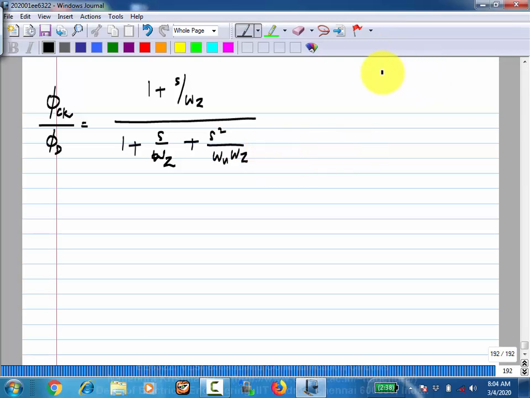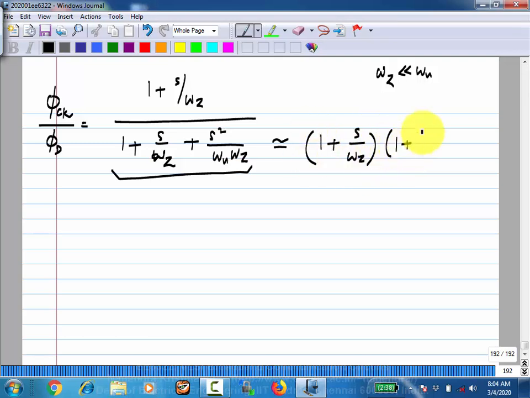So now if you assume that omega z is much smaller than omega u, what are the approximate roots of the denominator, the poles of the system? Omega u and omega z. So this can be approximated by 1 plus s by omega z, 1 plus s by omega u.